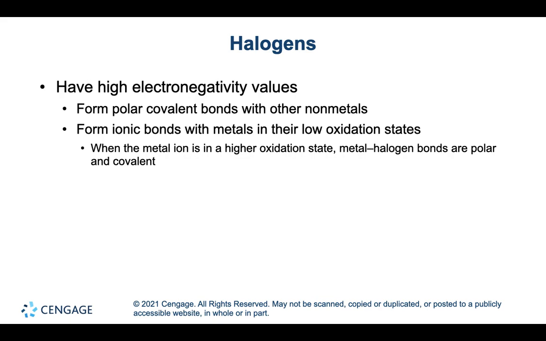Halogens have high electronegativities. They form polar covalent bonds with other nonmetals. So when halogens react with other nonmetals, with maybe the exception being oxygen, the halogen is in the negative oxidation state, and the other nonmetals are in the positive oxidation state. Definitely with metals, halogens are going to be negative and metals are going to be positive.